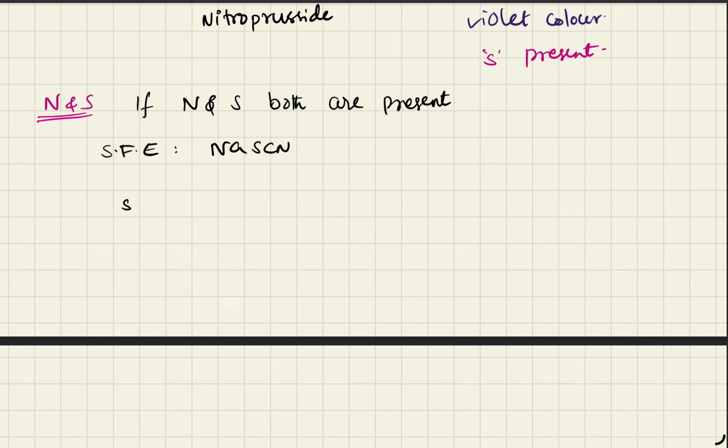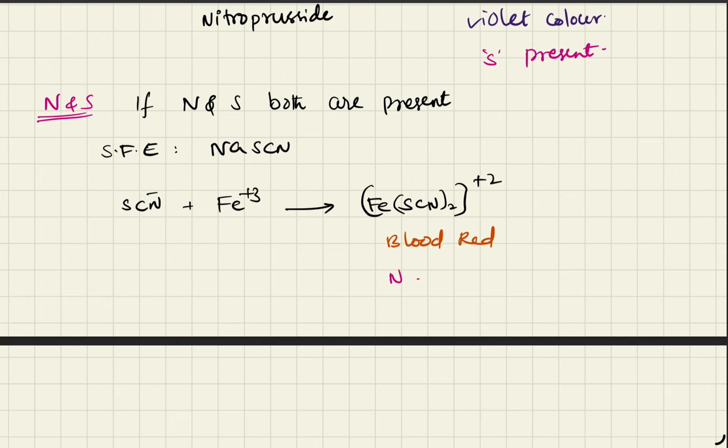In this half reaction, sodium thiocyanate reacts with neutral FeCl3, but here it is written in ionic form as Fe3+. Then it converts into [FeSCN]2+. This is called a blood red color, like artificial blood. This indicates that both nitrogen and sulfur are present in the organic compound.